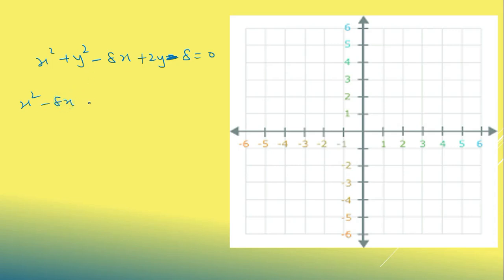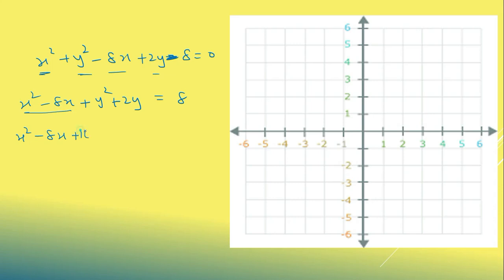x square minus 8x. Next, I need to write a term to complete the square. The y terms are y square plus 2y. I clubbed x with x and y with y. The constant term will be on the right side, 8. Now to complete the square of x square minus 8x, divide this 8 by 2 and square it, which is 8 divided by 2, 4, square is 16.